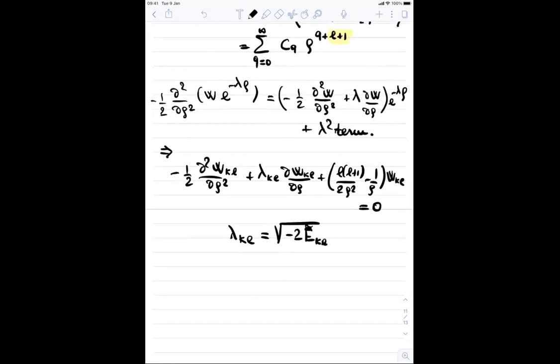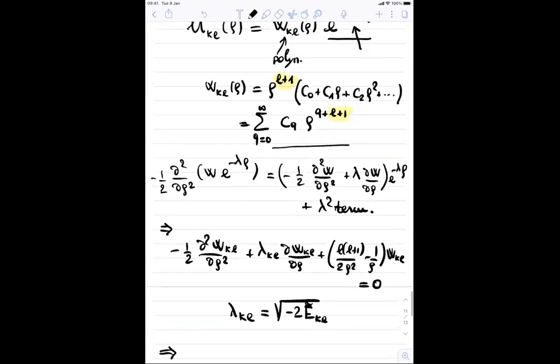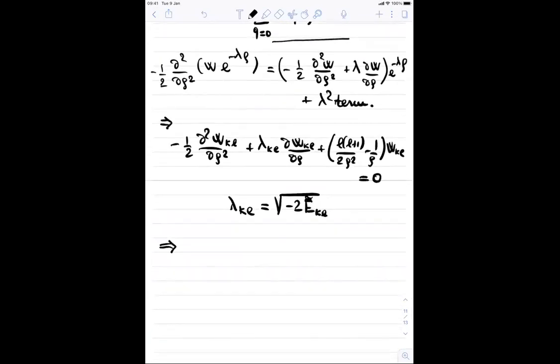So, at the end of the day, by using the expression for W, which I remind you is a power law, you find equations for the coefficients CQ. They look as follows.